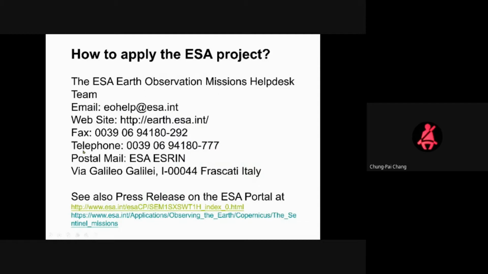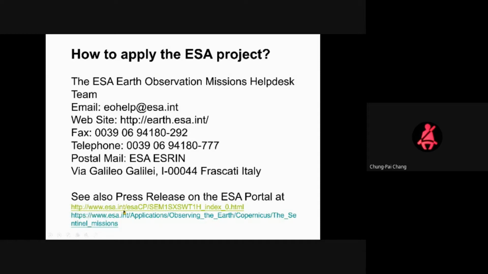Here I show you this page on how to apply to the ESA, the European Space Agency project, and this is the contact information. For the TerraSAR-X satellite, you can submit your proposal to this website.